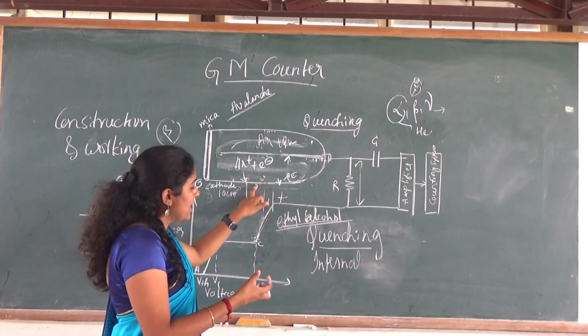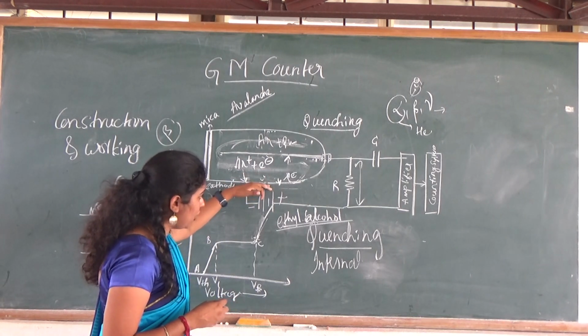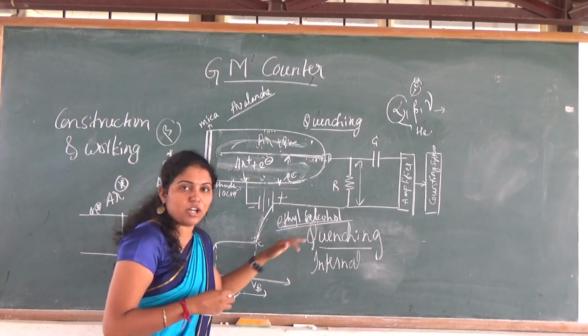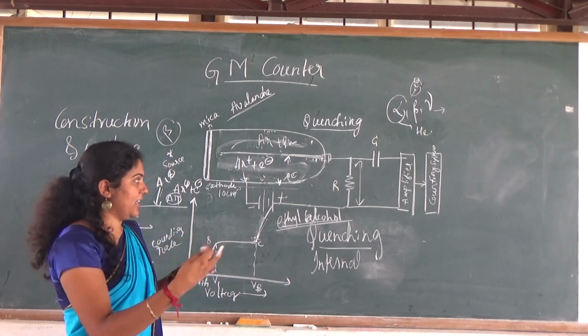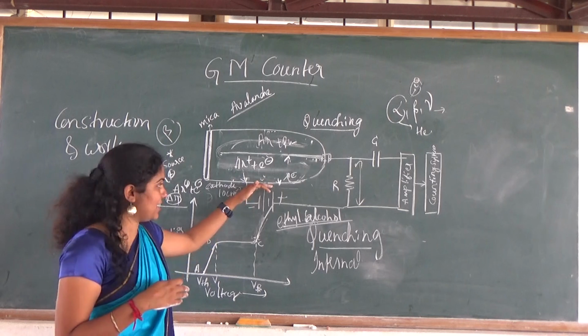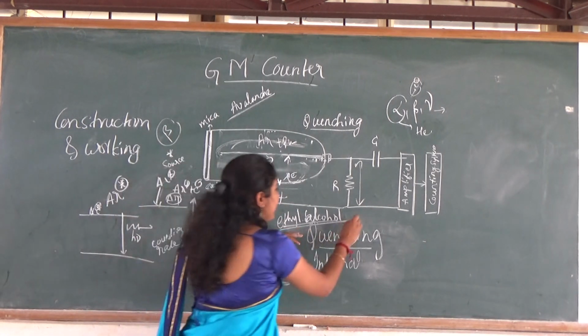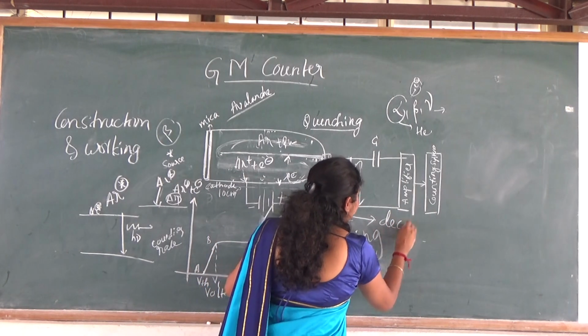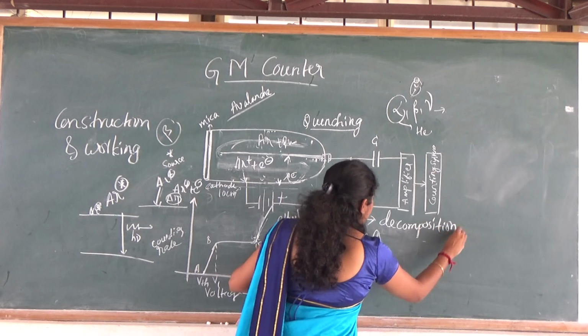So during the hitting of the ethyl alcohol molecule to the cathode, what happens? The ethyl alcohol molecule will get excited, and after de-excitation it prefers decomposition rather than the emission of a photon.